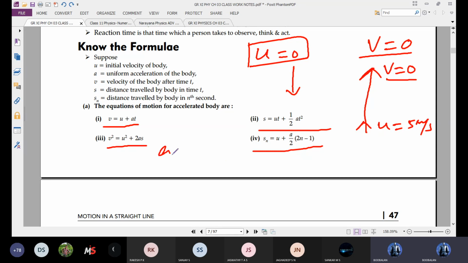So acceleration a is equal to 12 meter per second square. The answer may be wrong, but for the SI unit you will get half a mark. So 1.5 marks for the formula, half a mark for the SI unit. So it is easy to score 2 marks. Out of 3, 2 marks are in your hand. The 1 mark only depends upon your knowledge and how much you understand the subject.